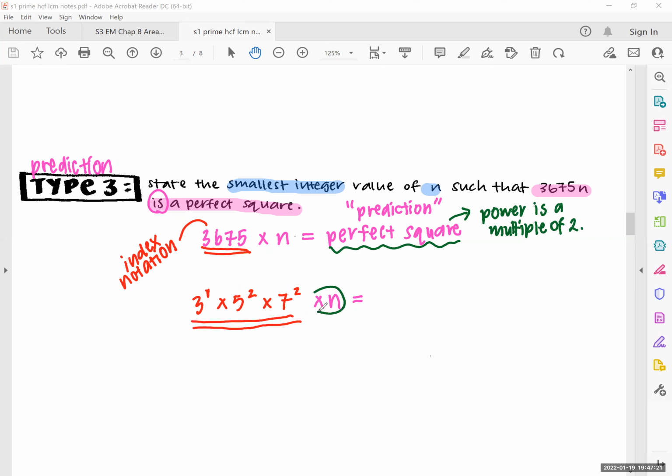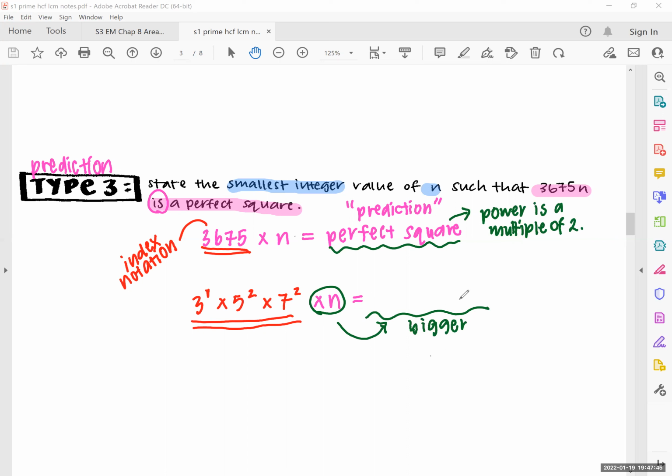Next, you need to know, can you see here, this is times n. Times n means, will your prediction be bigger or smaller than the one in red? Times means what? Will it get bigger or smaller? Bigger. Yes, because of this multiplying effect, this answer will be bigger because it's multiplied. Understand?